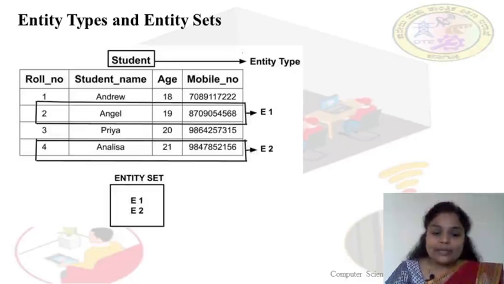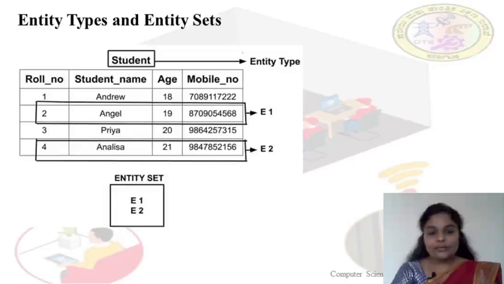It's a collection of entities. Entity type is also a collection of entities, but with the same attributes, with common attributes. I repeat, entity is the data, whatever we give inside the table, that represents our entity.